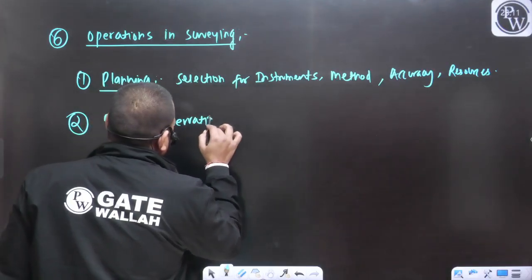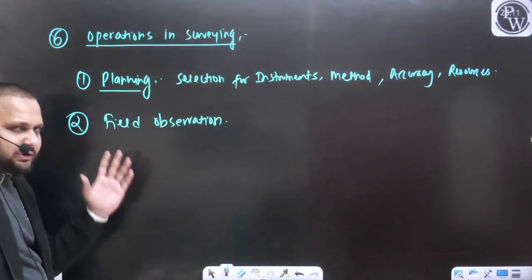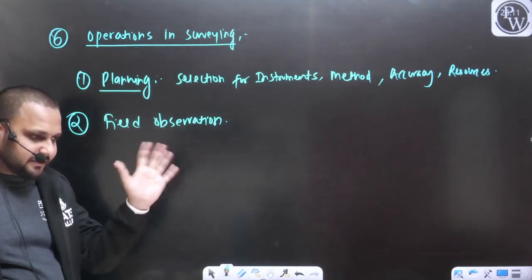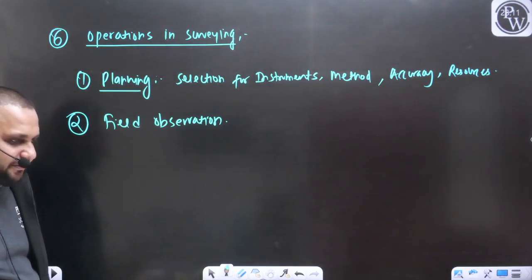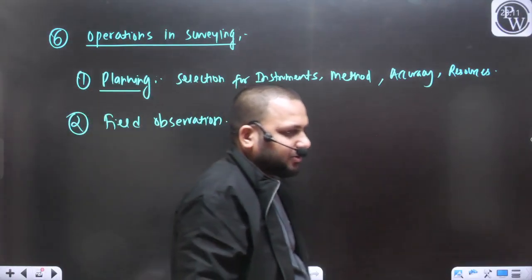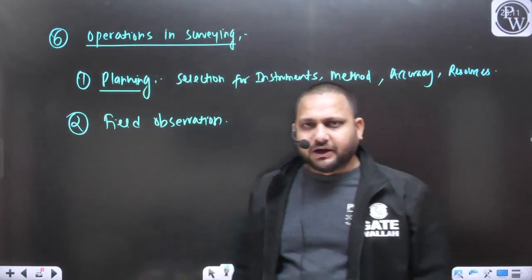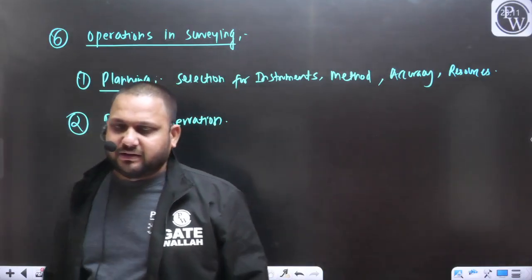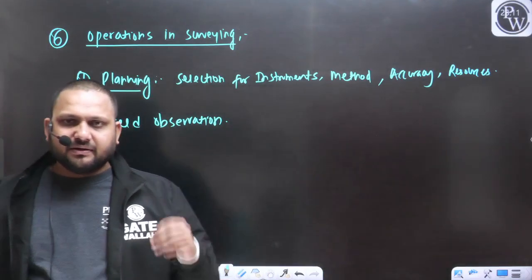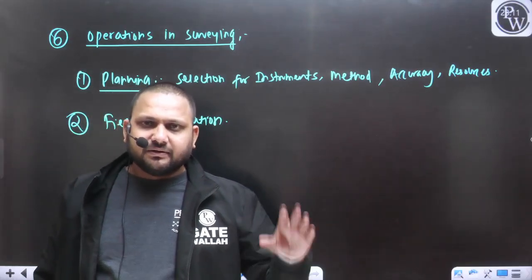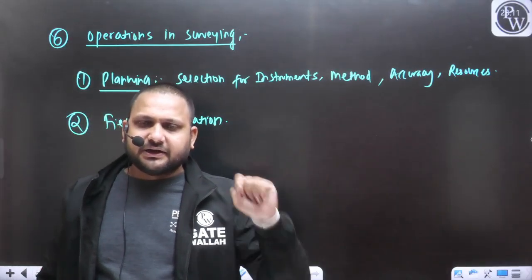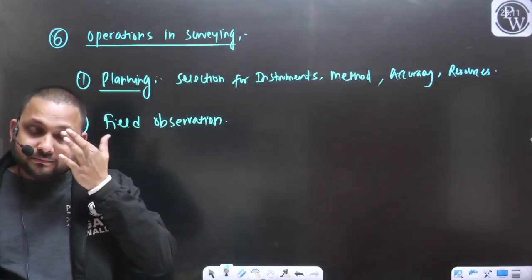All field observation: go to that park, execute your plan, define main stations, define control stations, define the boundary line, start your measurement, perform some linear measurement, perform some angular measurement, collect the data, record the data. Yes or no?